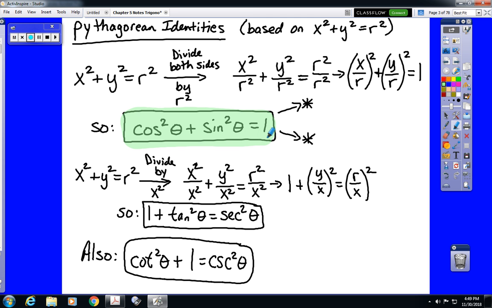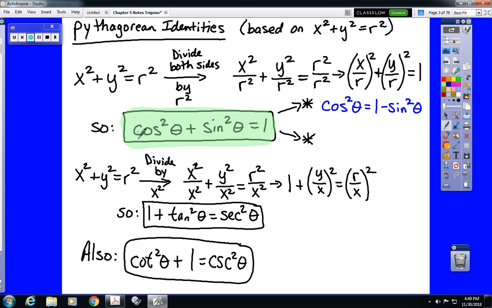Okay? Keep in mind that just like the other expressions, we can rearrange that equation. We can say, subtract sine squared from each side, and that would give us cosine squared is 1 minus sine squared theta.